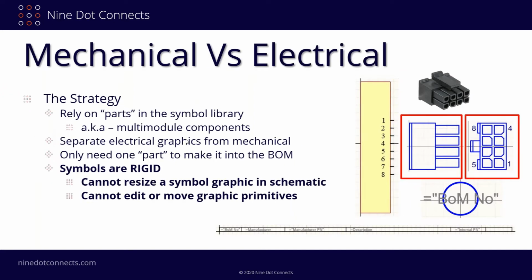And then lastly, the symbols are rigid. So I talked about this earlier. We cannot resize these symbols. We cannot edit or move the graphic primitives. So in this situation, the reason I show you these as two separate parts within that symbol is because I may want to move this space view out of the way.